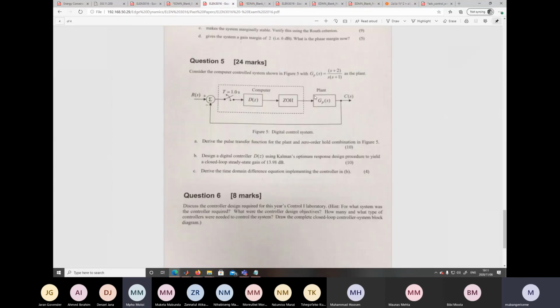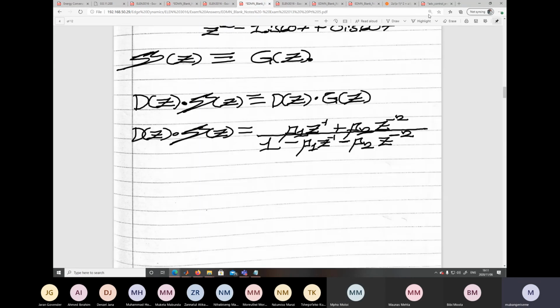So going back to the question, we are told to design the controller such that we have a closed loop steady state gain of 13.98 dB. Okay, so just applying the formula. I'll call it K naught.